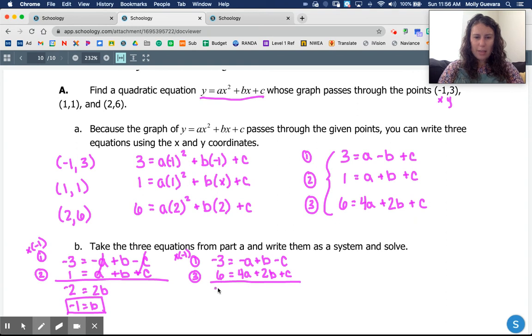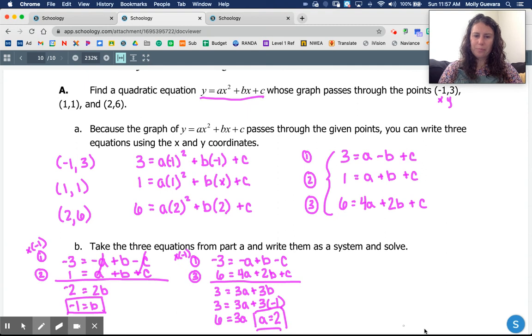So I get 3 equals 3A plus 3B. But I know what B is because I just solved it. So I can do, and I'm running out of room, but I get 3A plus 3 times -1. So that's -3. I add it to the other side. I get 6 equals 3A. So A is equal to 2.